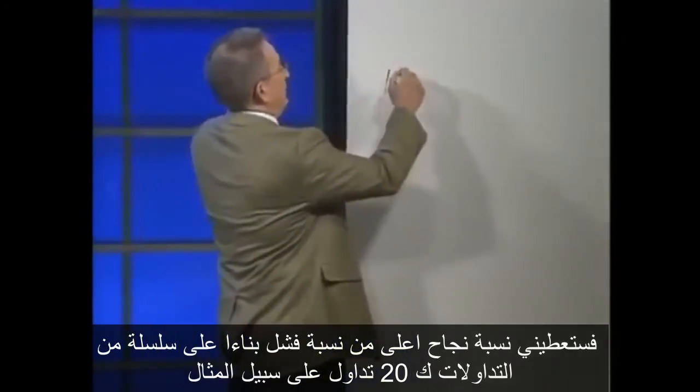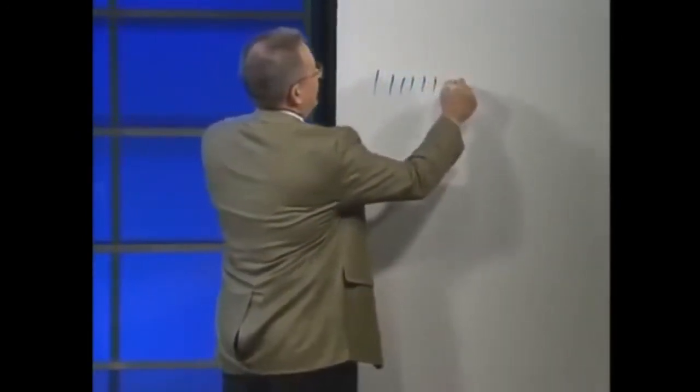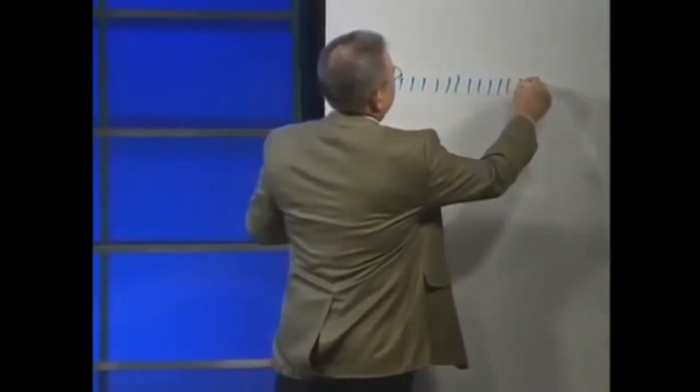Let's say the next 20 trades. 1, 2, 3, 4, 5, 6, 7, 9, 10, 11, 12, 13, 14, 15, 16, 17, 18, 19, 20.